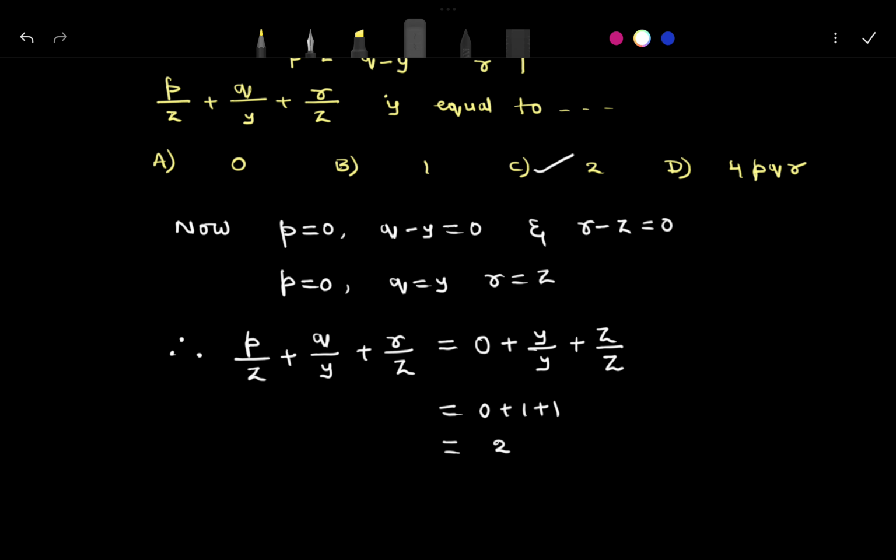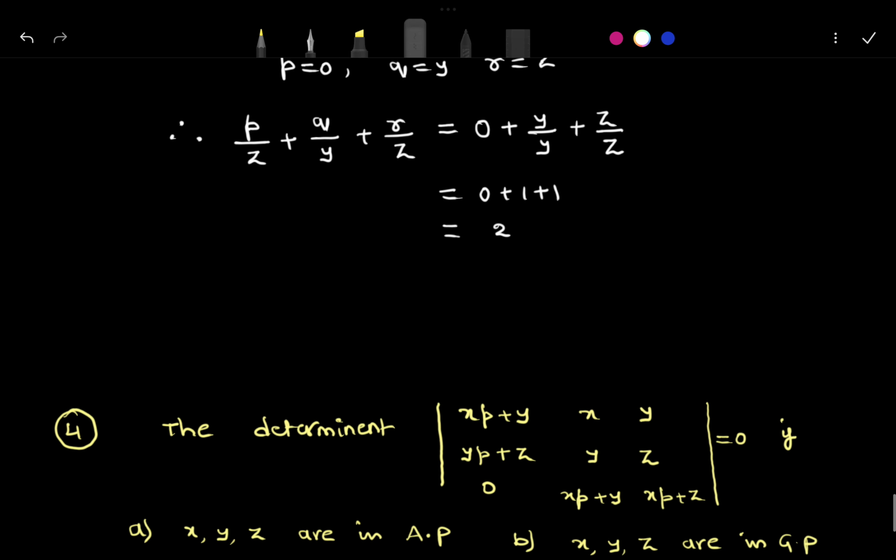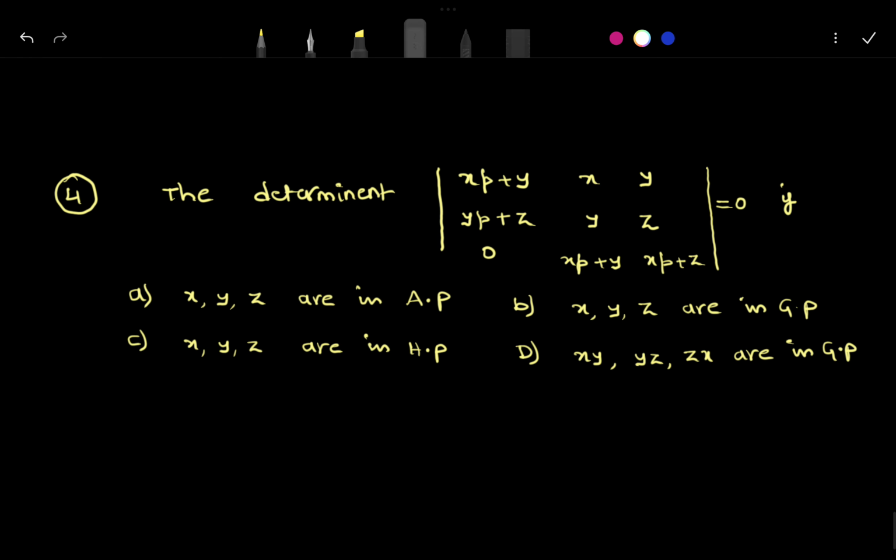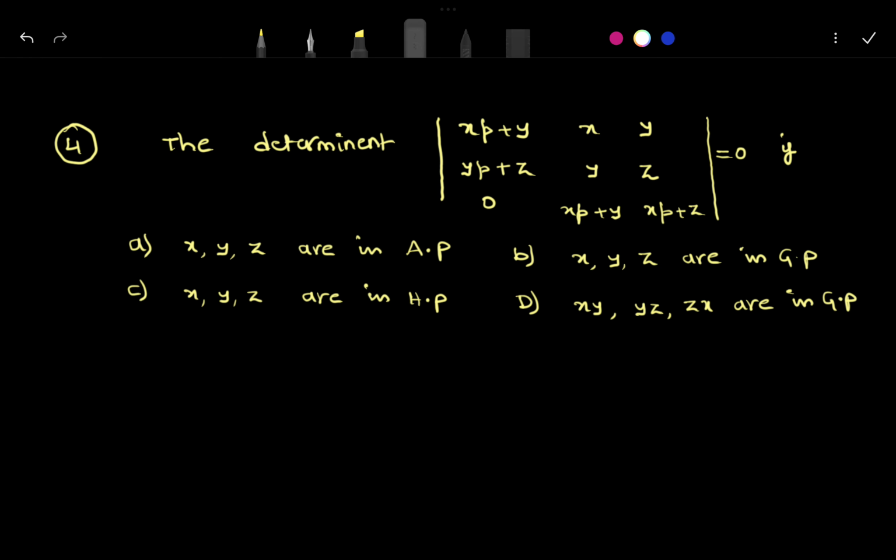Now you see one more question in this way. Here the determinant of first row elements are x into p plus y, y x and y. Second row elements are y into p plus z, y and z. Third row elements are 0, x into p plus y, x into p plus z.